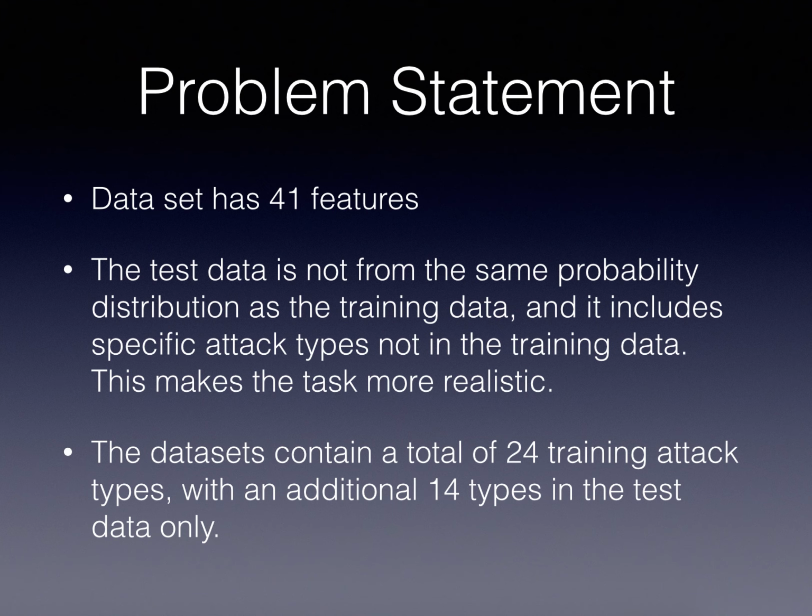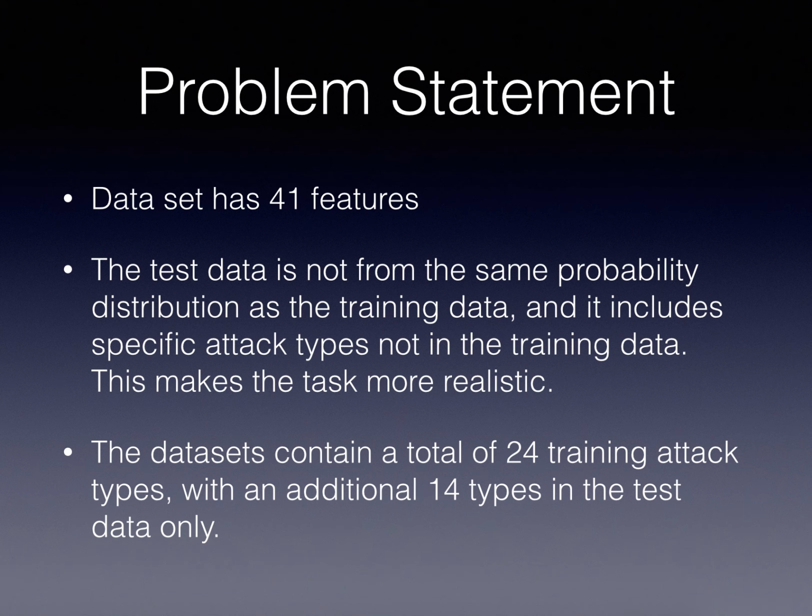There is one thing I have to mention here: the test data is not from the same probability distribution as the training data. In fact, it includes specific attack types that are not in the training data.